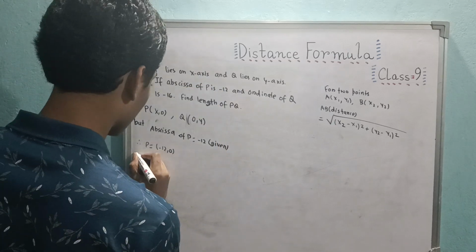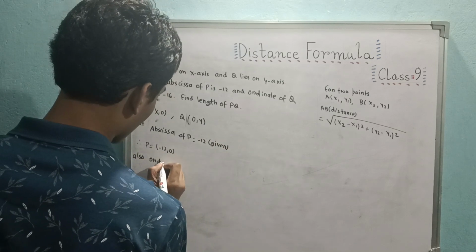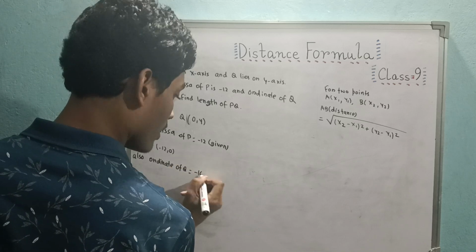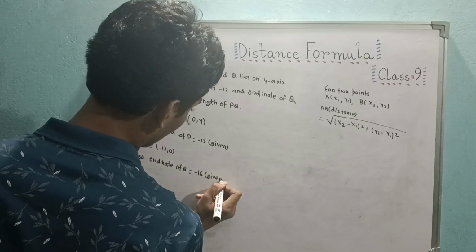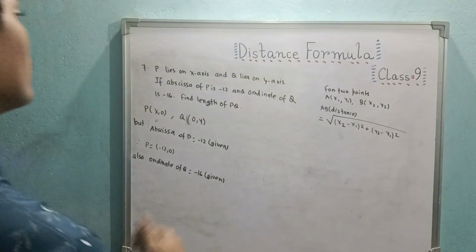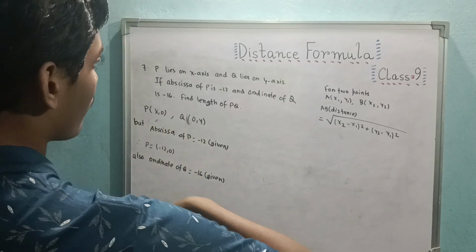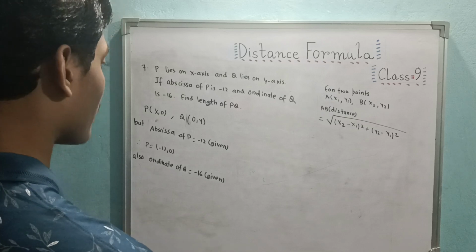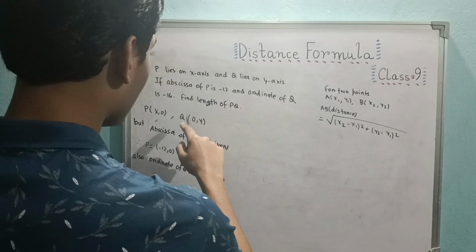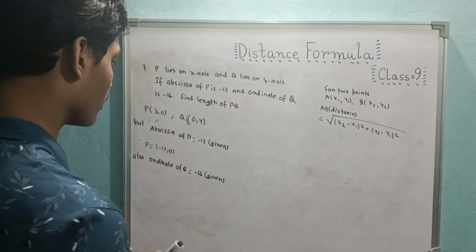Now for Q also, ordinate of Q equal to minus 16 given. See, we are doing it using given things. Now see, the point Q was on the y-axis, so we consider the abscissa as 0, and the ordinate is y, any unknown value, but the ordinate of Q, which is y we have considered, is already minus 16.